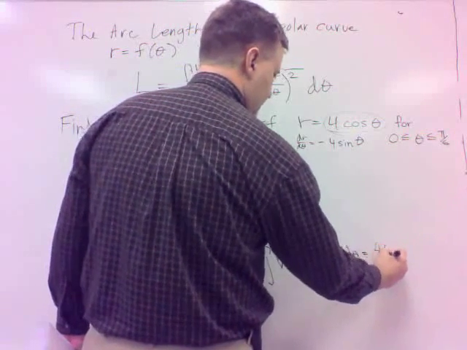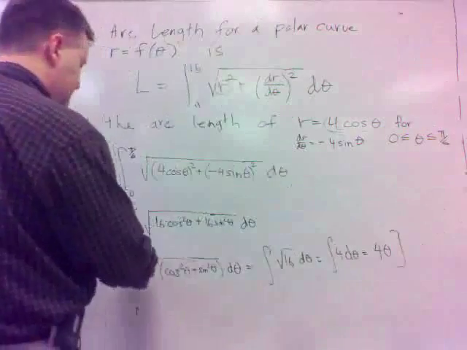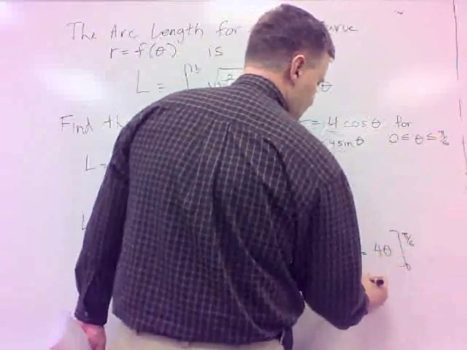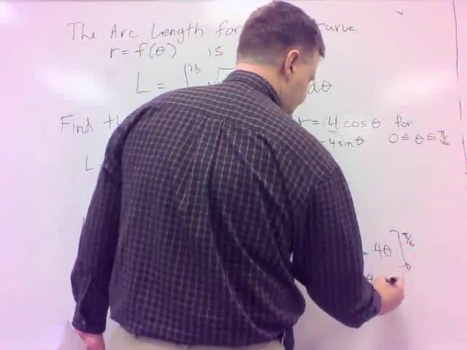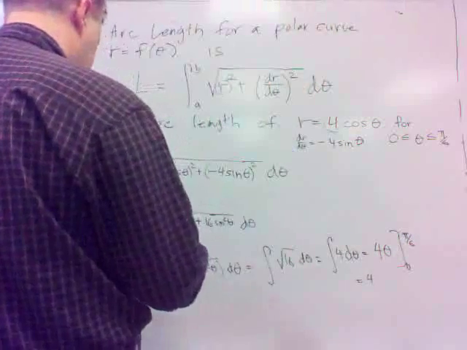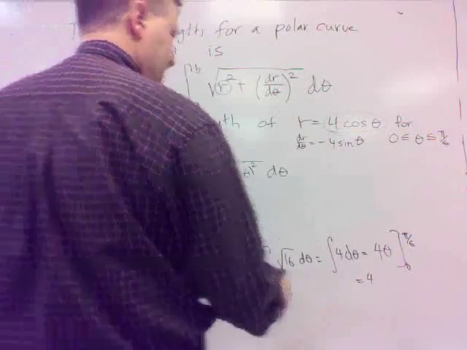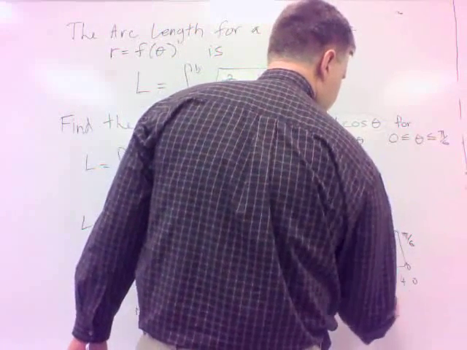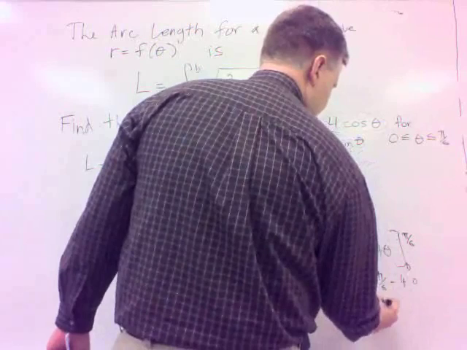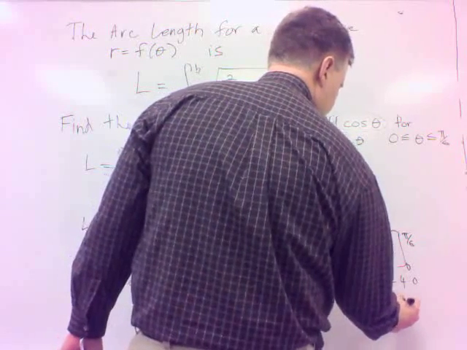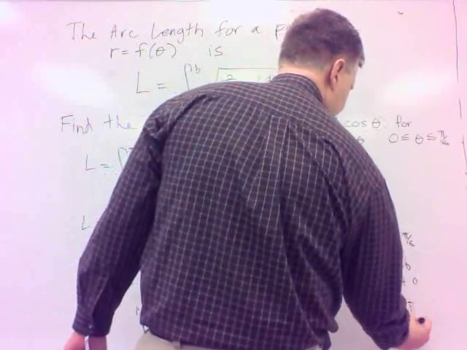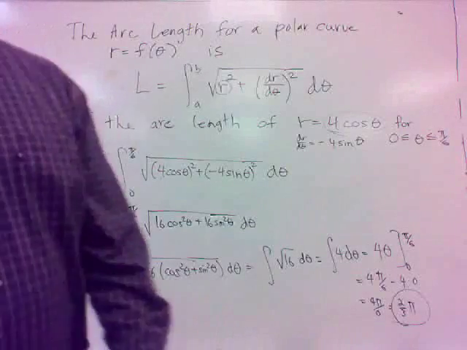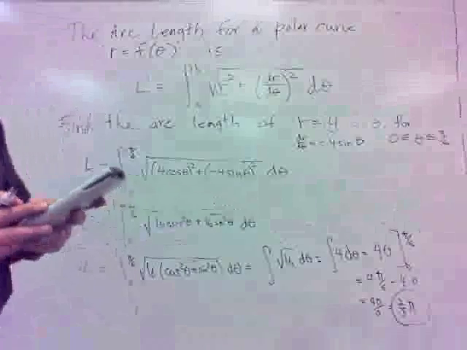Which is the antiderivative 4 theta. I'm going then from 0 to pi over 6. So that winds up being 4 times pi over 6 minus 4 times 0. So that's 4 pi over 6. That is 2/3 pi. So the arc length for this, I didn't even graph it, did I? For cosine theta, what does it look like?